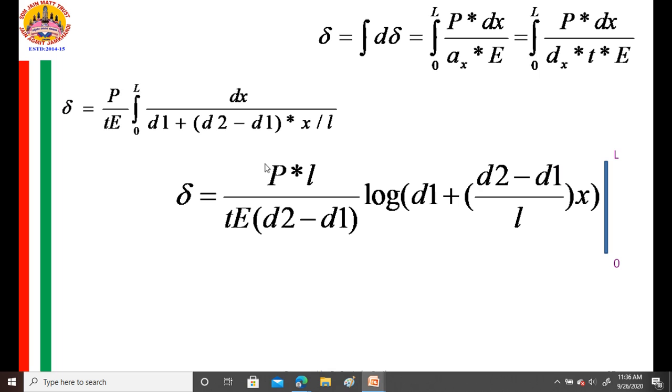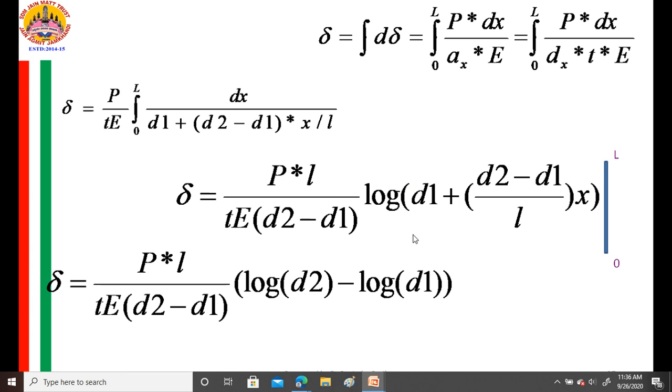Therefore, the final answer is P into L divided by t into E, into (d2 minus d1) log of d2 minus log of d1. What is it? Log of d2 by d1. When you substitute the upper limit, L and L will cancel out, d1 and d1 will cancel out, left out is log of d2, minus the lower value where you substitute 0, which gives log of d1.